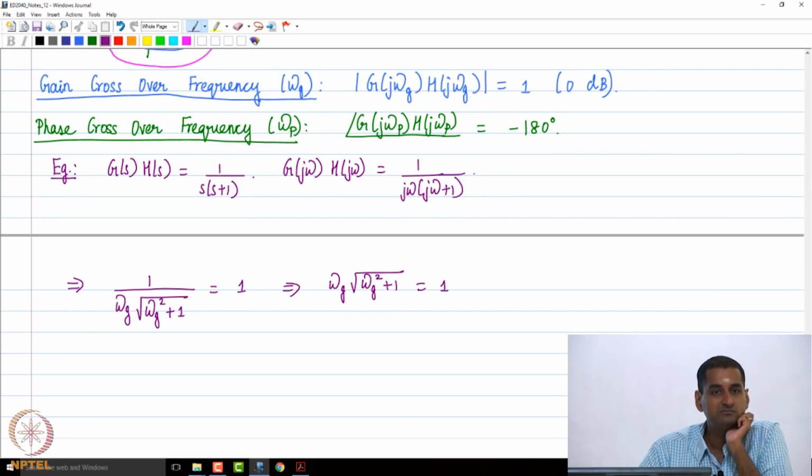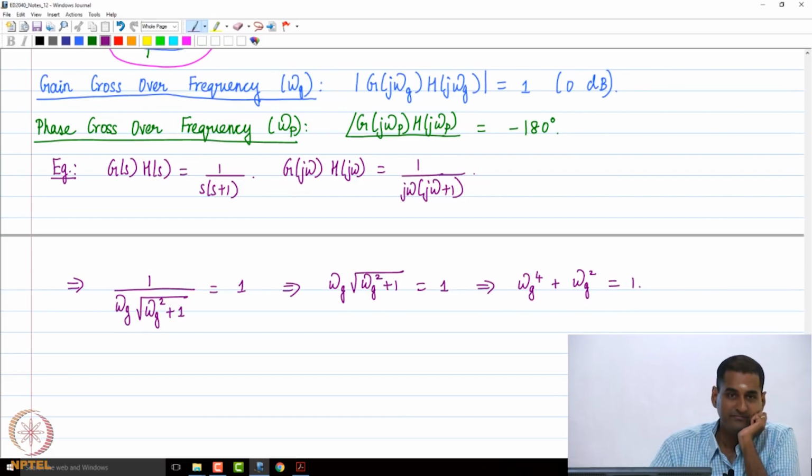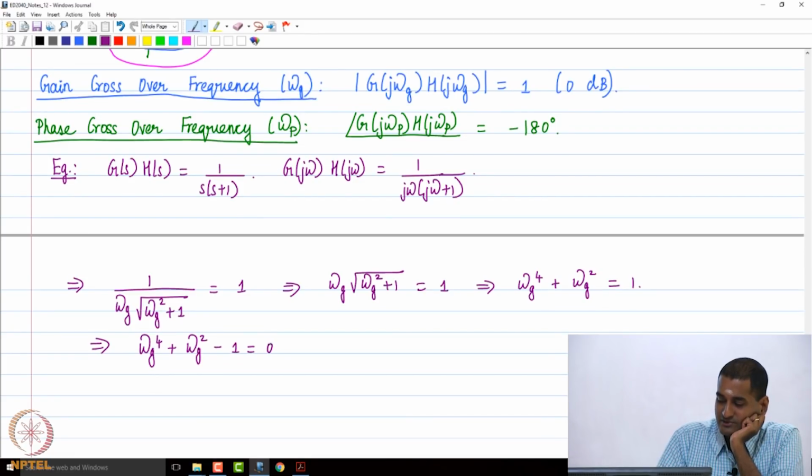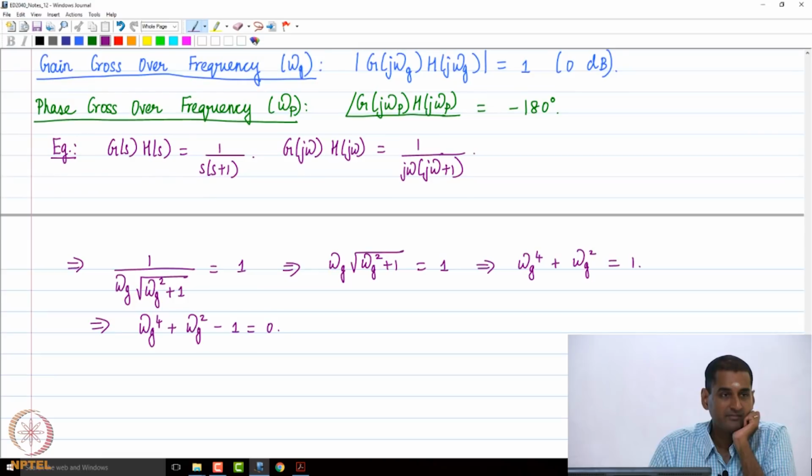Then what can I do? I can square it. If I square it, I will get omega g to the power 4 plus omega g squared, and the right hand side will be 1. So this will imply that omega g to the power 4 plus omega g squared minus 1 is equal to 0, right.